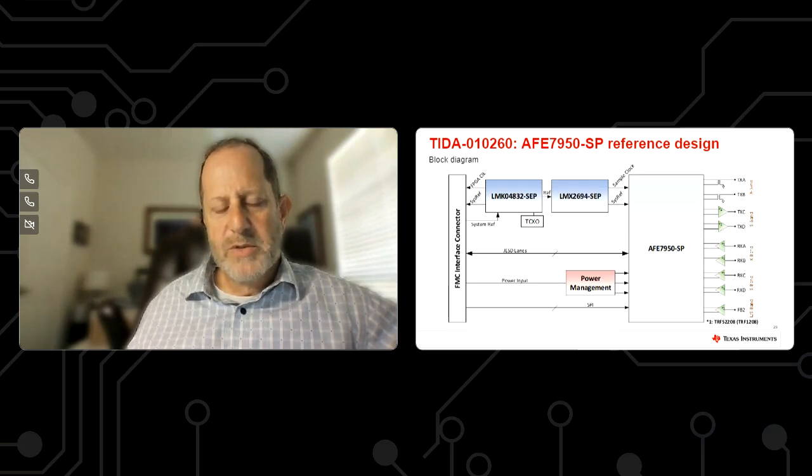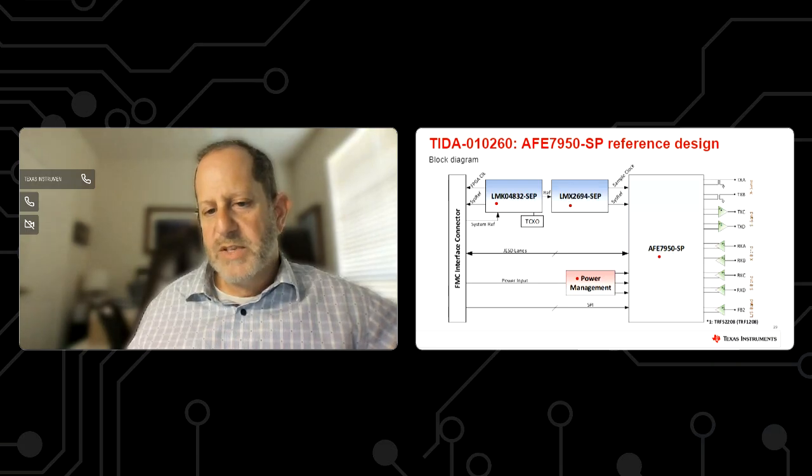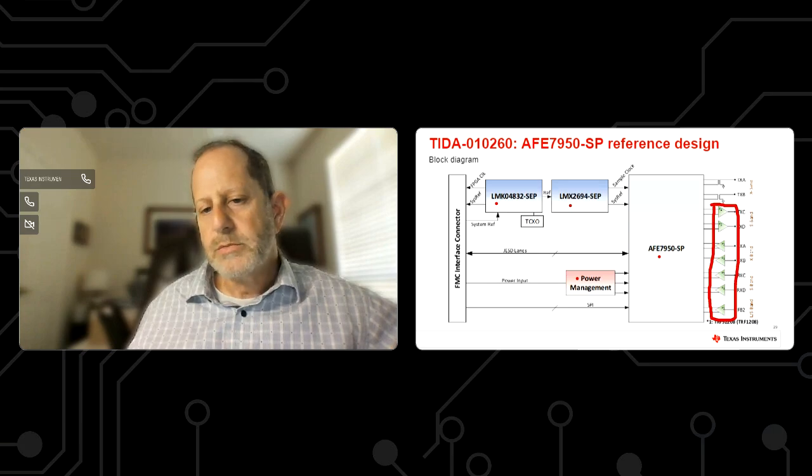This is the reference design of the board, talking about the LMK, the LMX synthesizer, all the power into the AFE 7950, and then all of the active balun interfaces utilized here. So we don't have to have any passive baluns for most of these channels. Again, this helps facilitate making a really small, compact design.